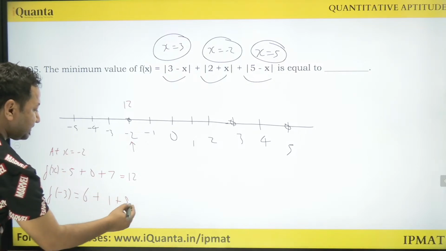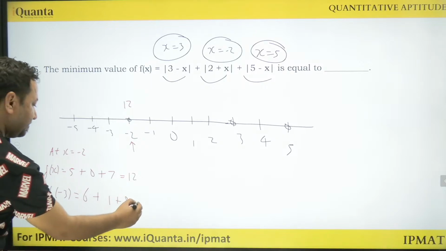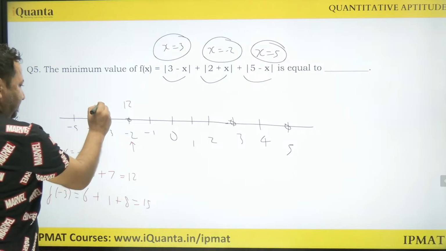This is nothing but 7 plus 8, which is 15. Just check the calculation once. Yeah, it's correct. So f(-3) is 15.